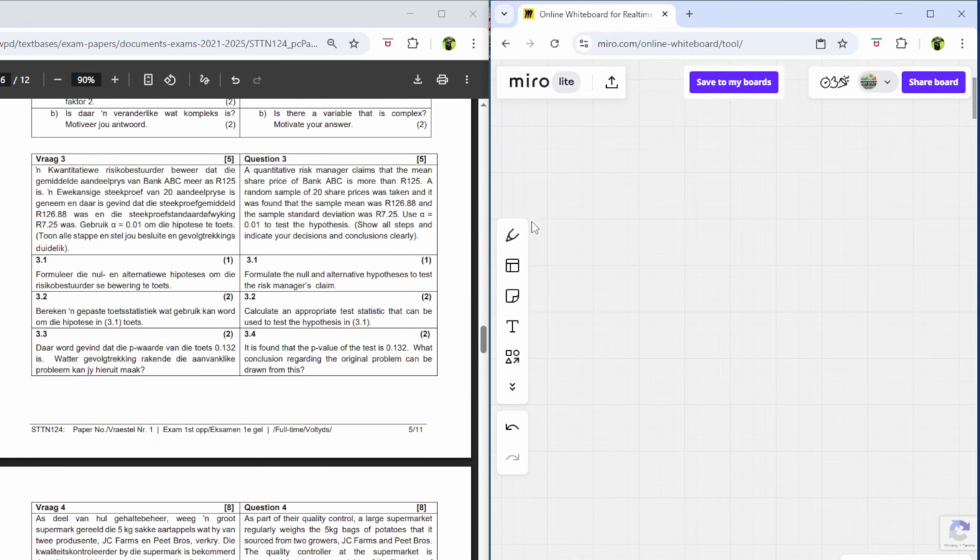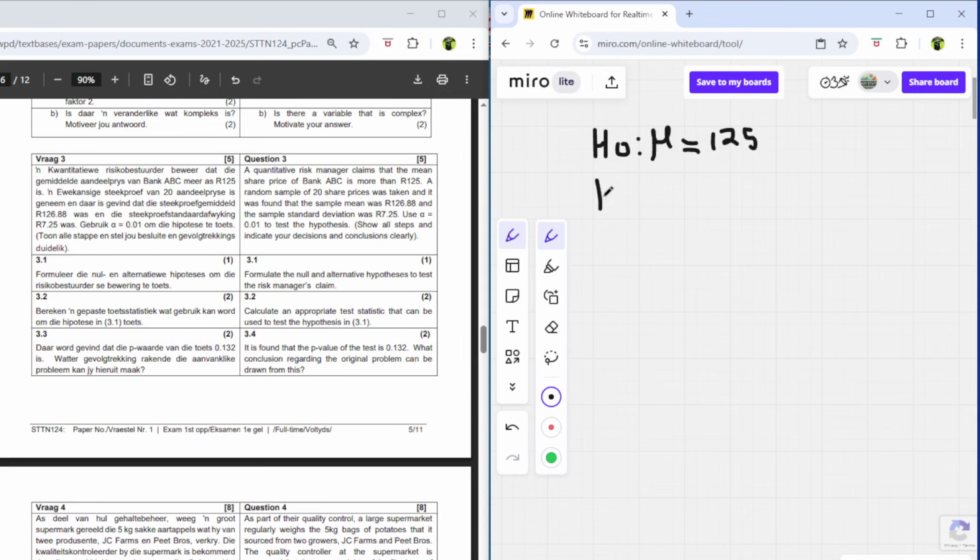This question will always be there, guys. The null hypothesis denoted by H0 is going to be the main claim, or the mean is equal to, in this case, 125. So that's what we're claiming.